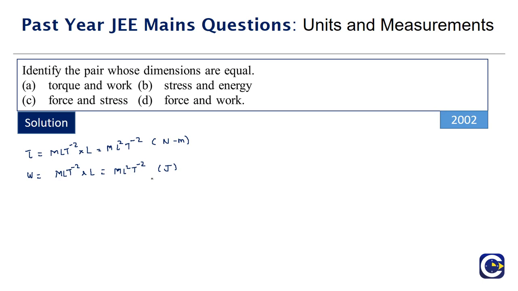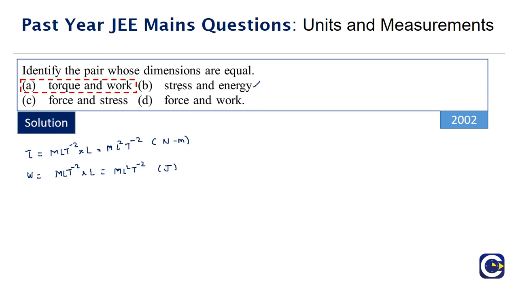So though the dimensions are the same, we represent the units differently because these are two different physical quantities. We have various such examples of quantities which may have the same dimensional formula, and we can now mark the option as A.